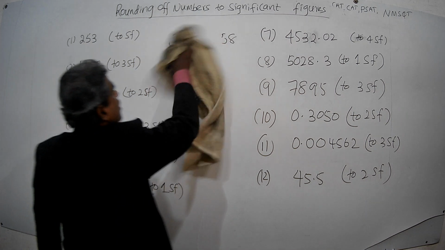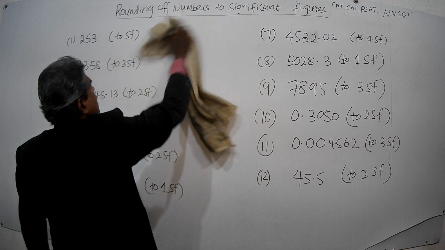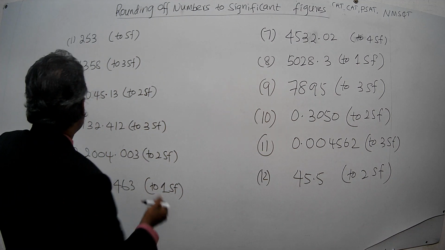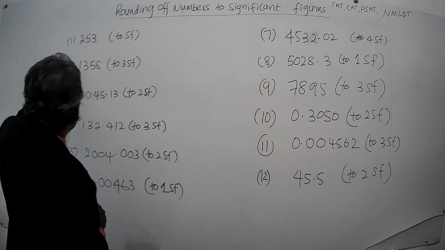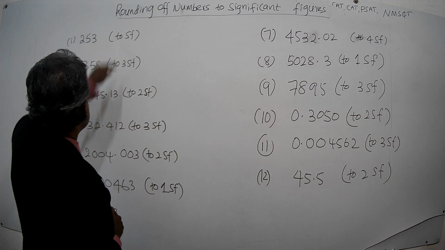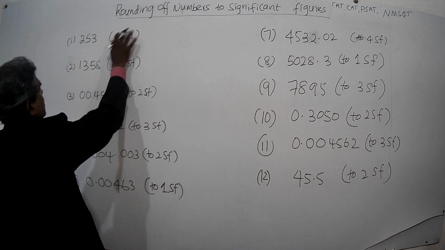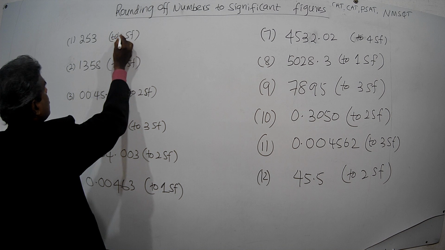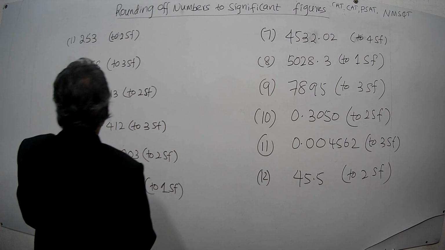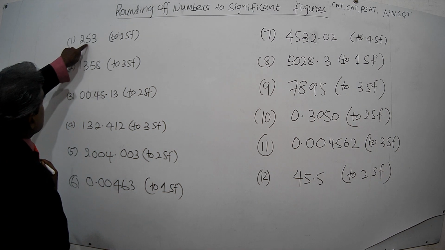The first example is 253, to be rounded off to 2 significant figures. Significant figures are counted from the left side. This is the first significant figure, and this is the second significant figure.